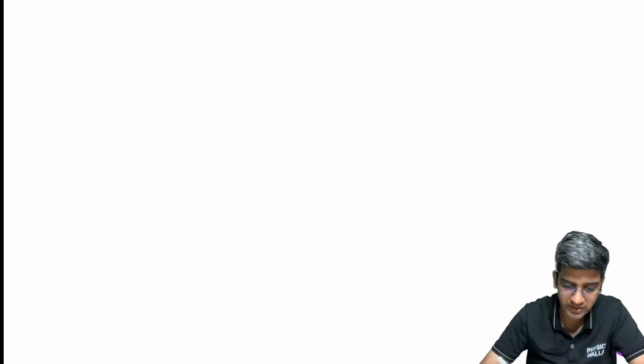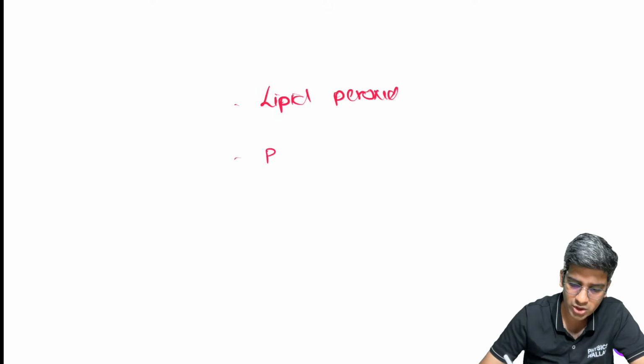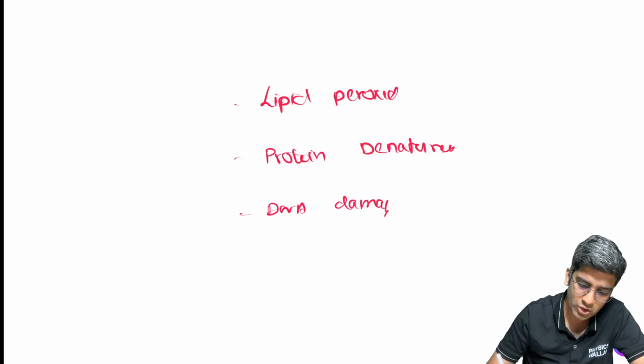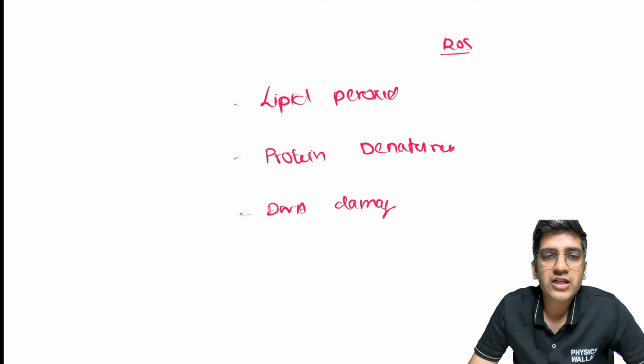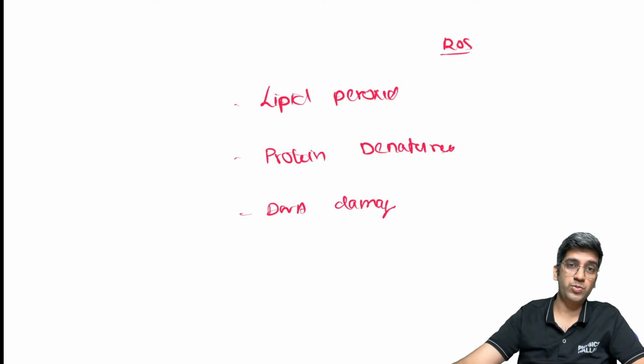Three things: lipid peroxidation, the most common way of damage, protein denaturation, and mutations as well, DNA damage. All these three will be caused by reactive oxygen species. Every single day, every single molecule of glucose your body metabolizes produces reactive oxygen species.